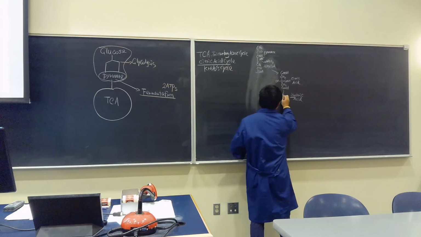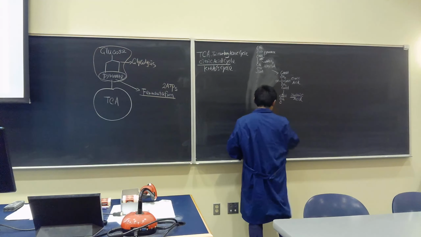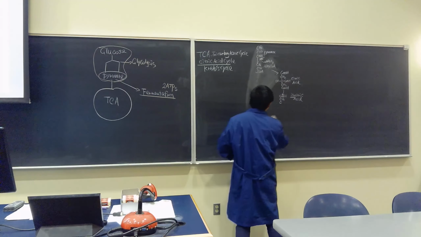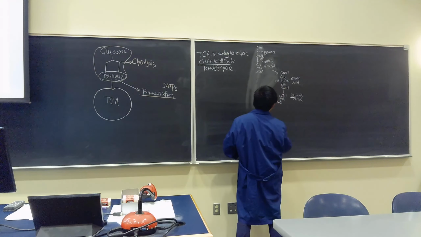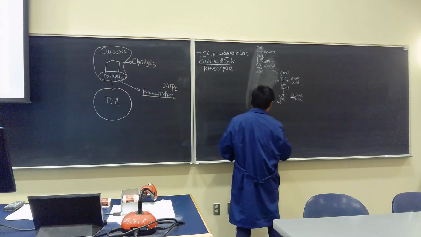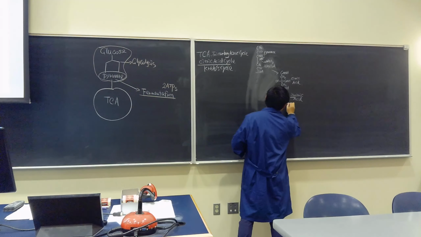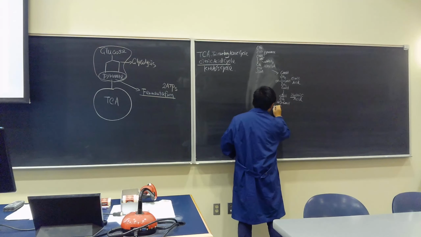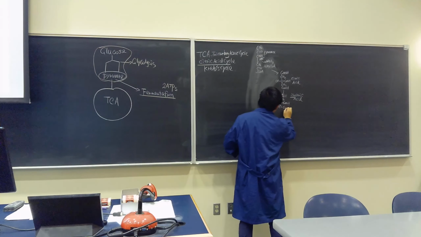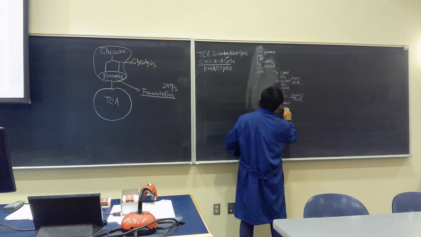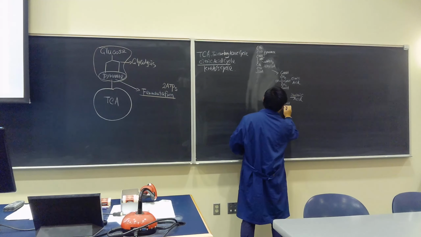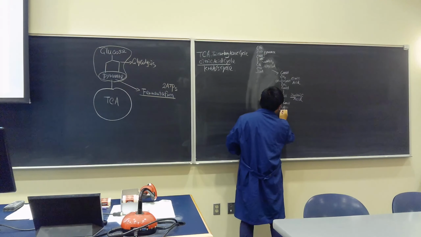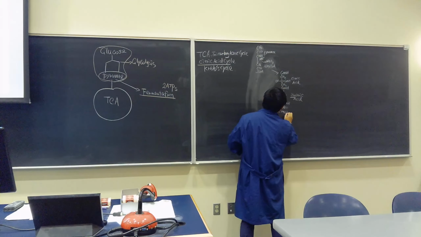So what is moved? COOH, same, CH2 the same. Go here, instead you have OH, you have H. Then go here, you have OH and CH2. And then you have COOH.